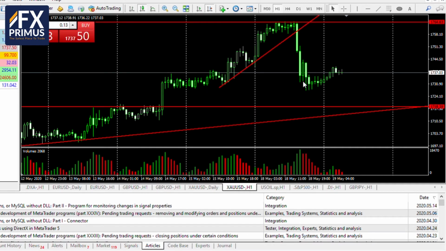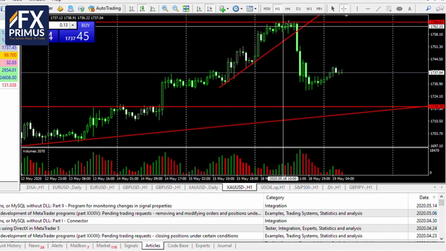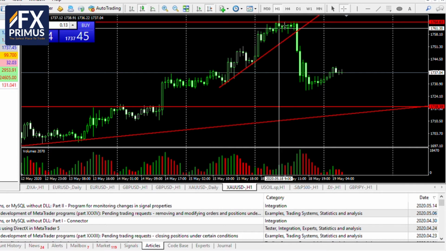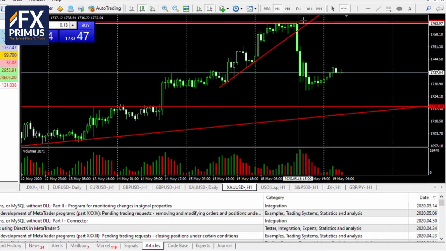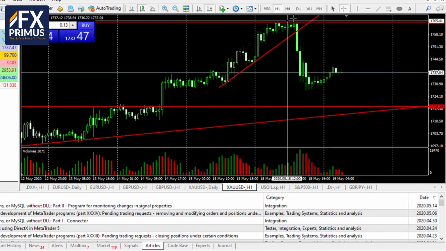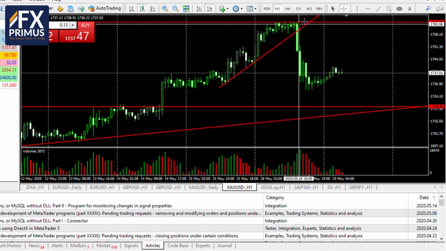I took a trade yesterday on this gold price, way early. I sold at 1762 levels. It took a couple of hours, but eventually it did drop without going up at all. So 1762, the highest was only 1765, and then at 8 p.m. it starts to move down.